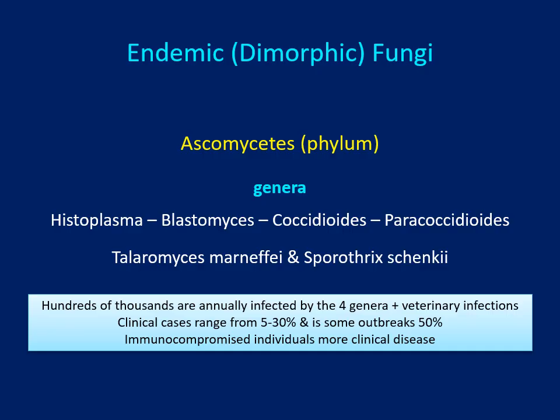Hundreds of thousands are annually infected by the main four genera, and the clinical cases range from 5 to 30%, and in some outbreaks up to 50%. They are endemic because they are present in certain geographic areas or parts of the globe and not in others, but they can sometimes come in epidemics. Immunocompromised individuals will have a more apparent clinical disease.